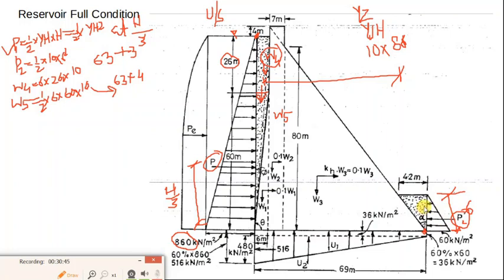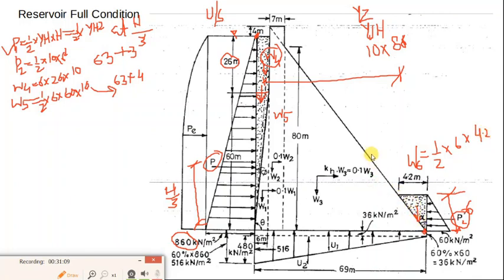And if suppose we consider this also, say W6, this will be equal to half into height 6 into this 4.2. How to calculate this 4.2? Again, use the similar triangle.